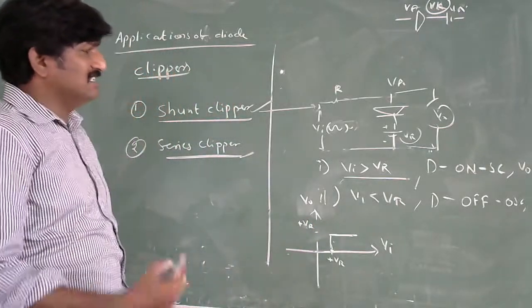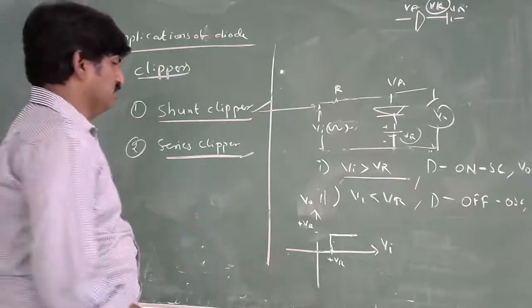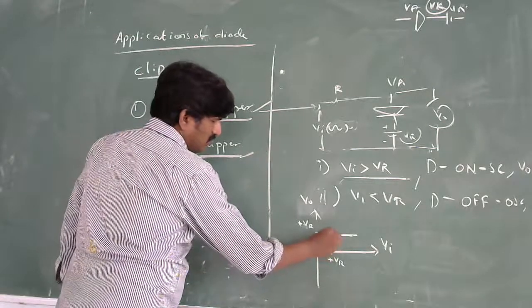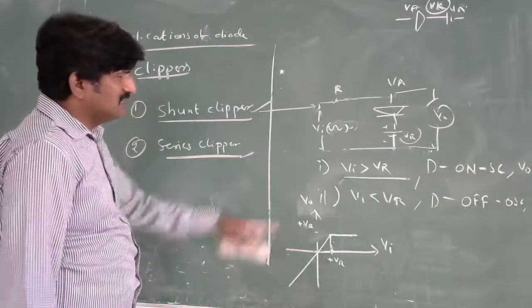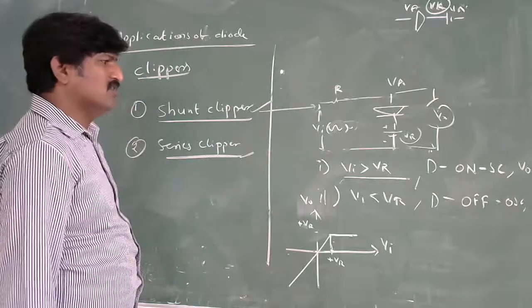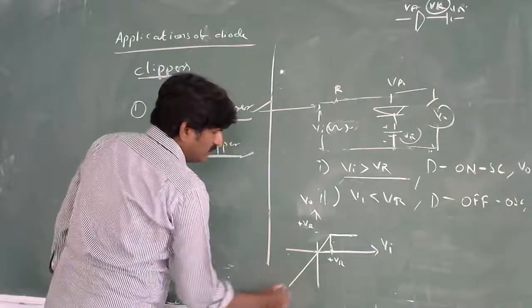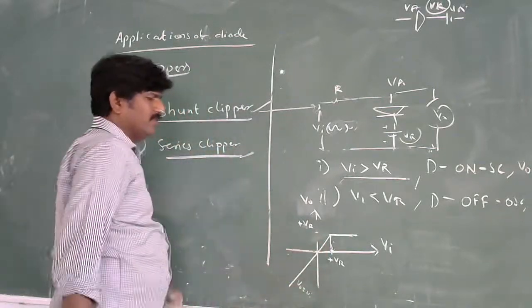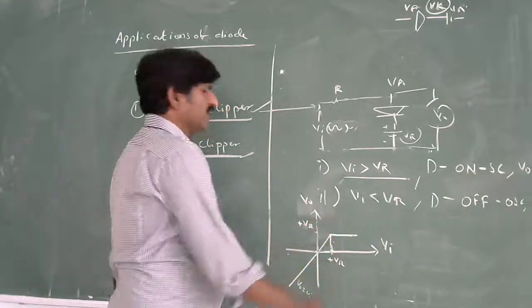When Vi is less than VR, output follows the input, V naught is equal to Vi. This is the transfer characteristic of your diode.